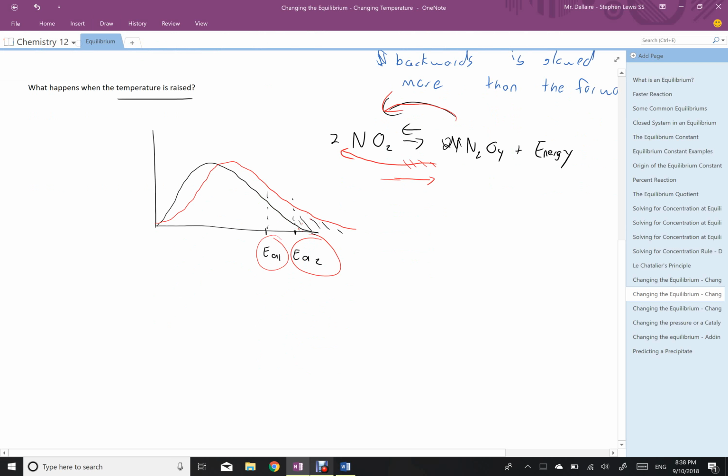Just put some words to that. So both forward and reverse reactions get faster.